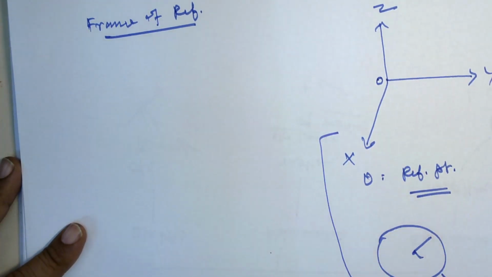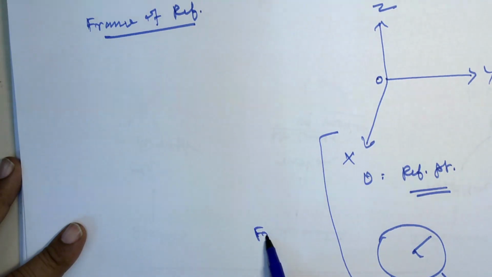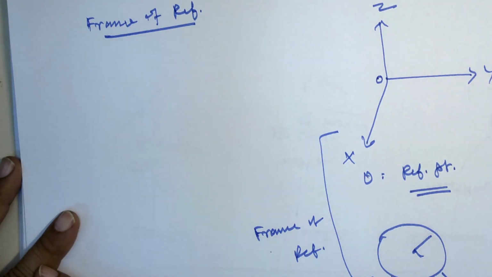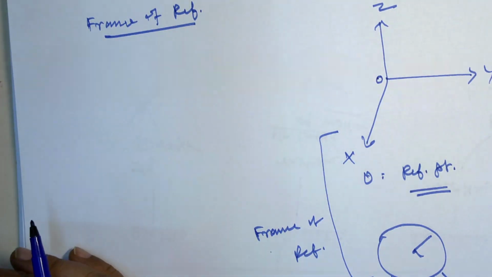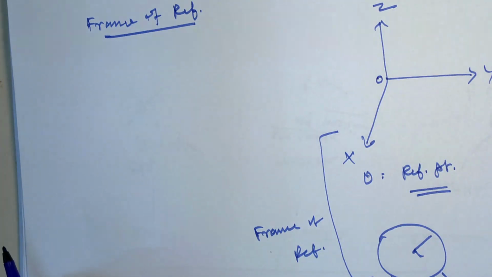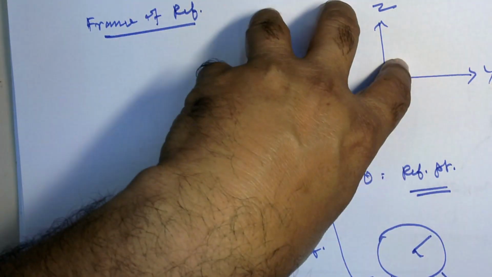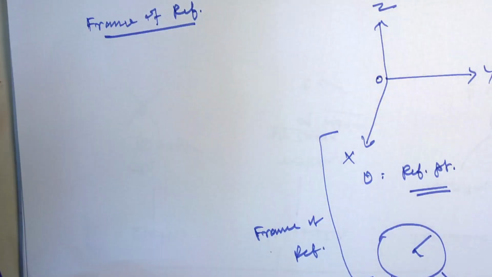Together it is the frame of reference. So the frame of reference is a coordinate system with a clock, with respect to which an observer can describe the position, displacement, and acceleration of an object.